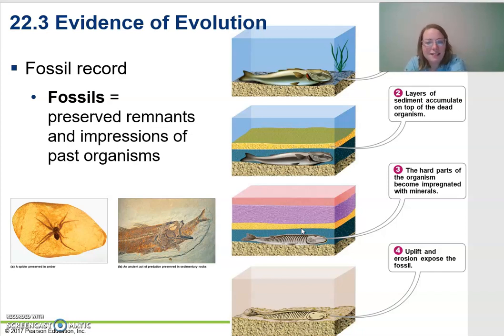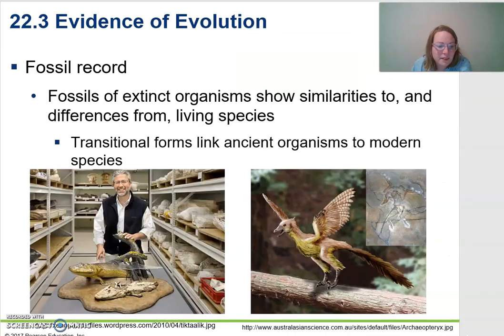If they don't fossilize well, you don't see them much. Okay? But you can also trap things in amber. That's pretty fun. And there's a fish eating another fish in a fossil. How cool is that? So here we can look at the different strata and layers to try to find what organisms were present and see changes.